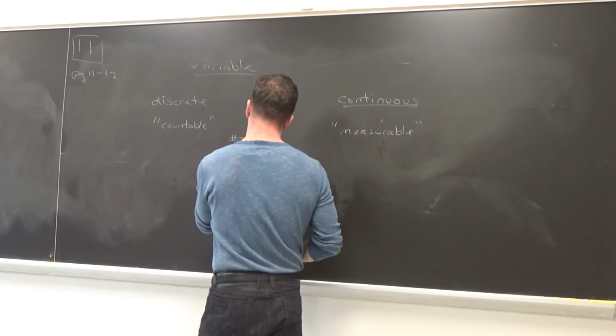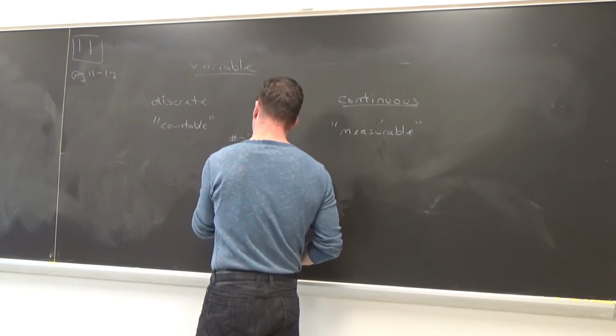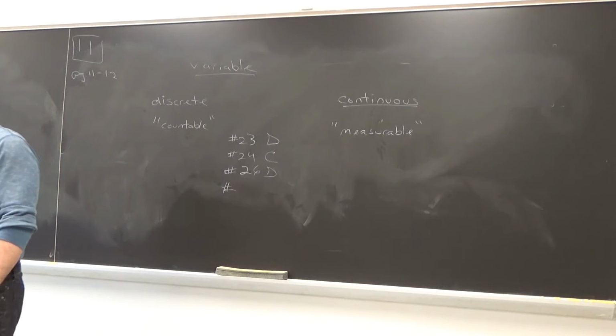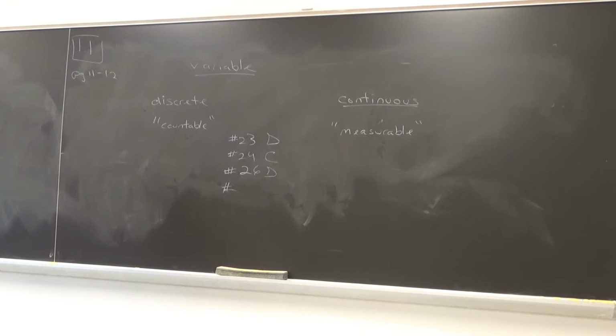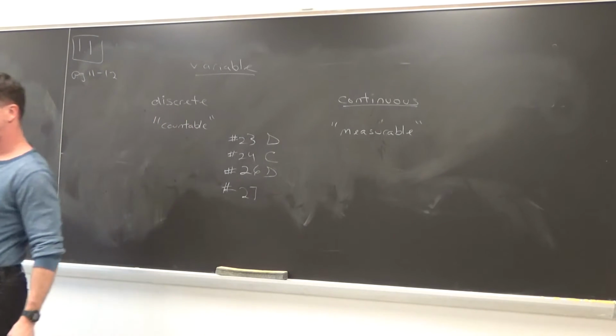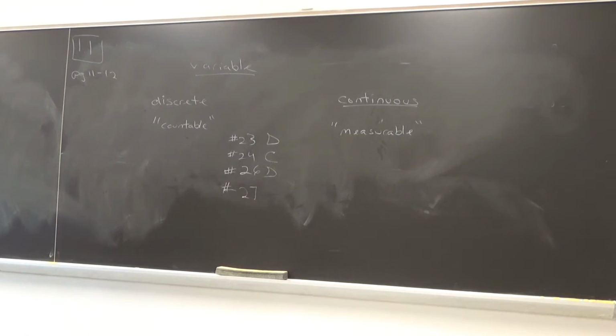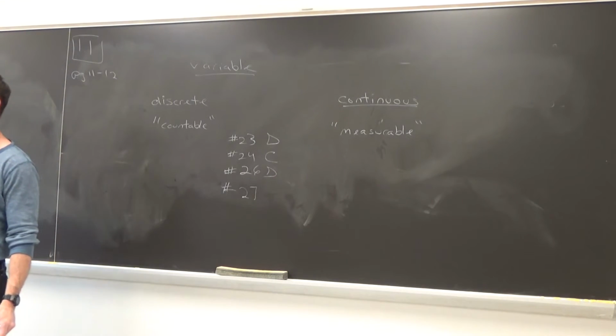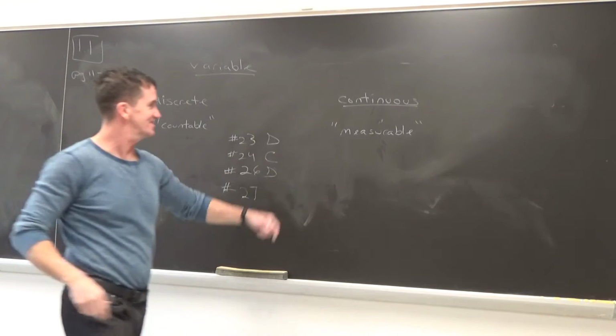Hey, I'll do one more. Let me flip to the next page. Okay, everyone, if you think you know it: the temperature on a randomly selected day in Memphis, Tennessee. Tia. It's continuous.